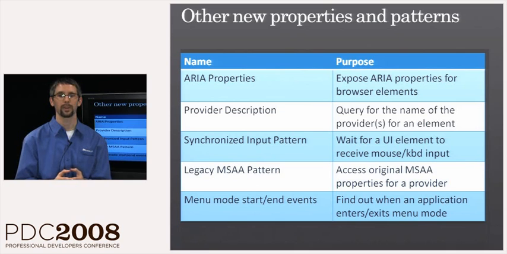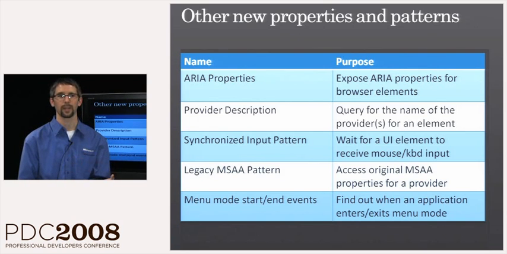Now UIA will go and look at the ARIA role for each item in that AJAX app and expose it properly. But it's possible that you would want to drill into the ARIA role itself if you wanted to get to the raw data. And so the ARIA properties allow you to get to the raw ARIA role data that is coming from the AJAX app. We also added a property called provider description.